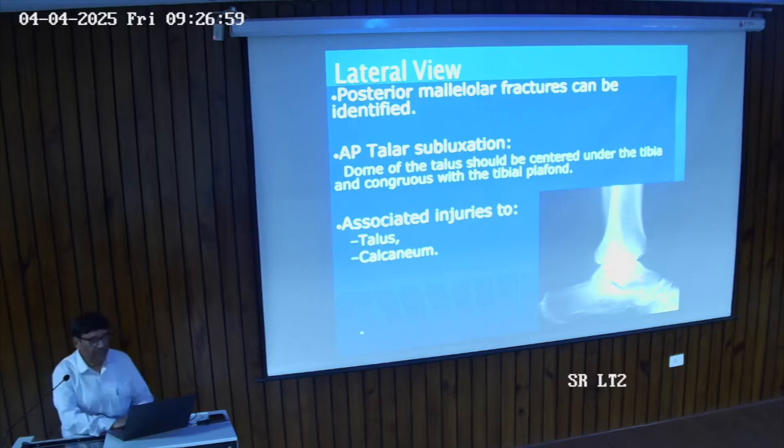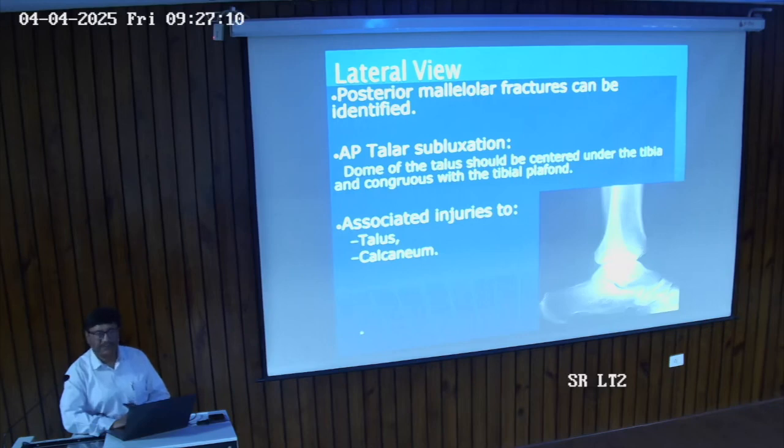We should also see whether the talar dome is centered under the tibia or not. If it is not, then the ankle joint is subluxated, and we must restore the anatomy. There may be associated injuries to the talar bone. That means there may be a fracture of the head or neck of the bone, or there may be a fracture of the calcaneum as well.